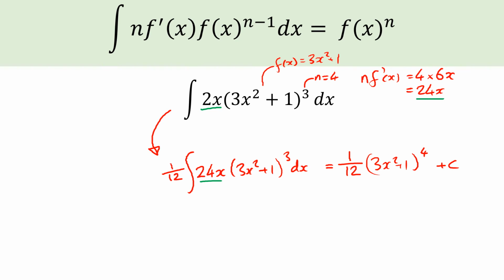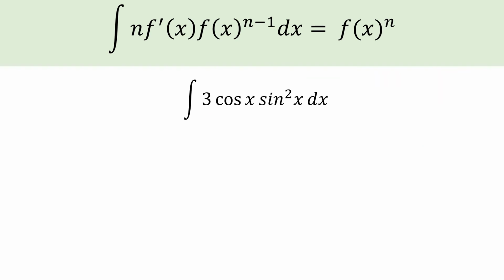Plus C. Here's a trig version of that catches people out. Remember, if we say something like sine squared of x, then all that really means is sine x all squared. And so in this case, our n is going to be 1 more than 2, it's going to be 3. And our f of x is going to be sine x.